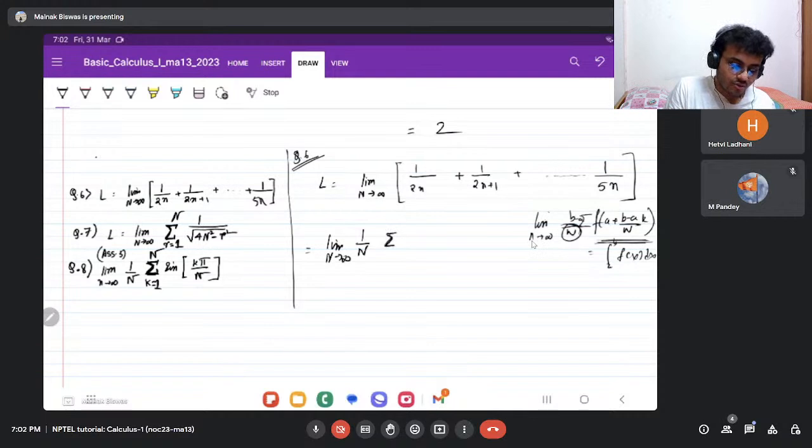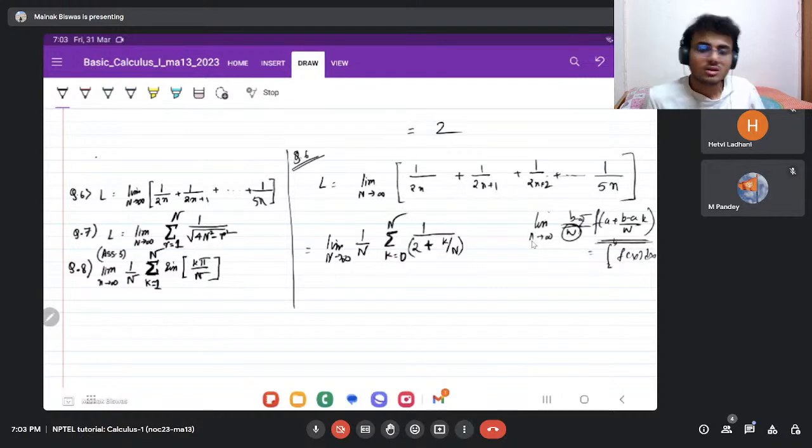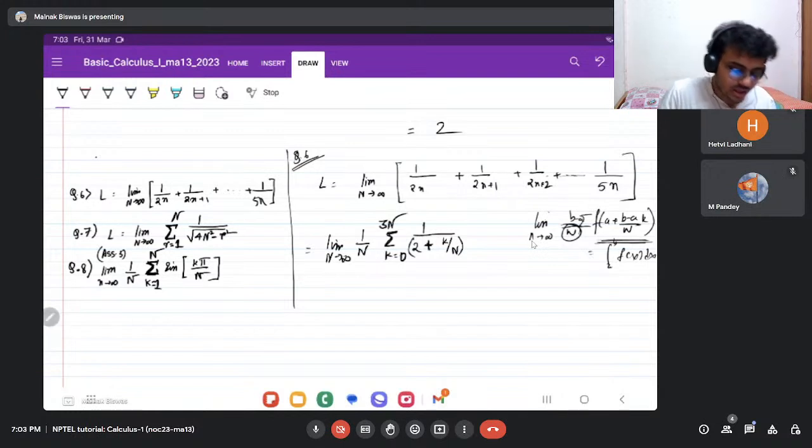Next, the summation of 1 by 2 plus k by n, k equal to 1 to, or in our case k is from 0, because this is 2 half to n. Agreed? Is this matching, or rather 3n in our case?